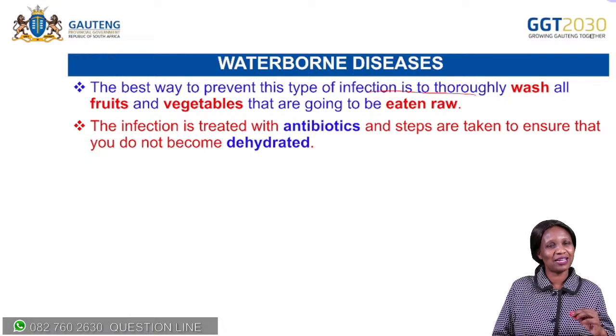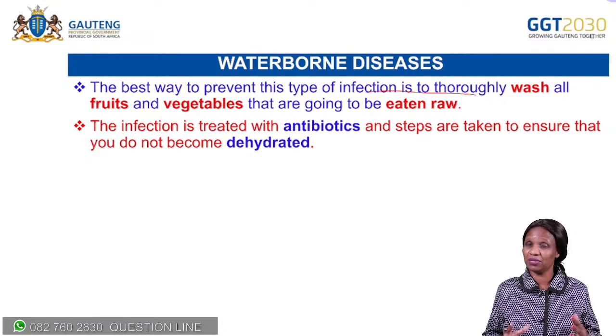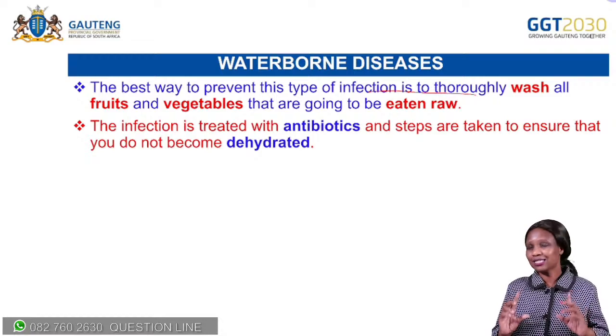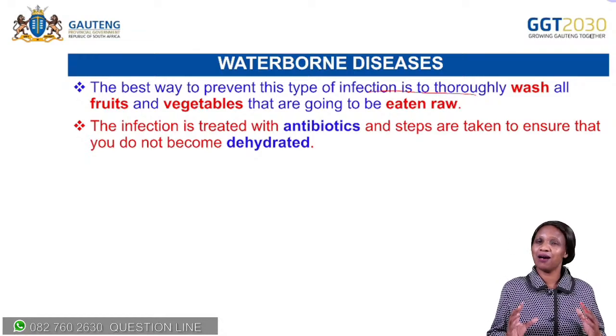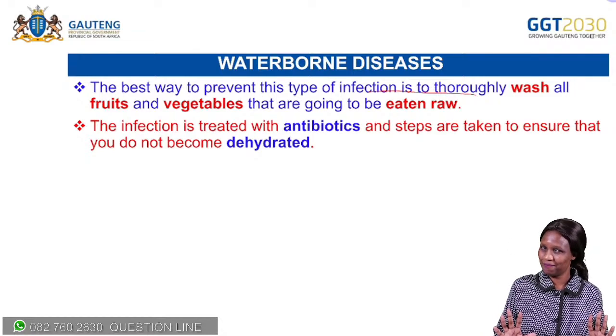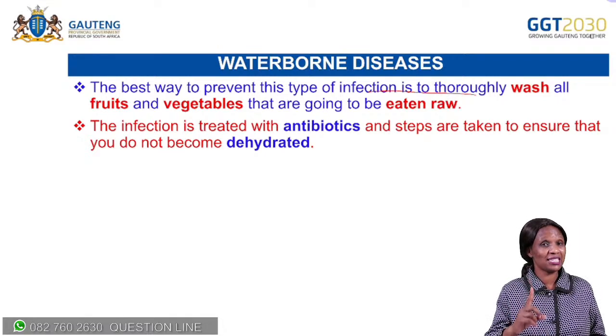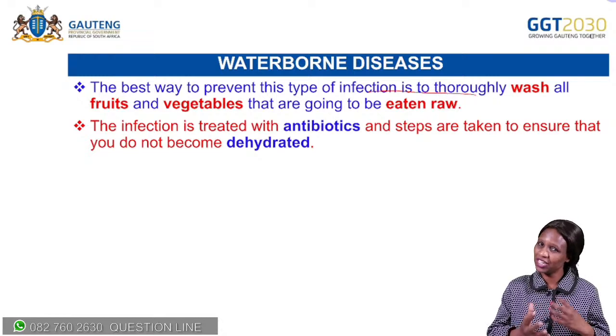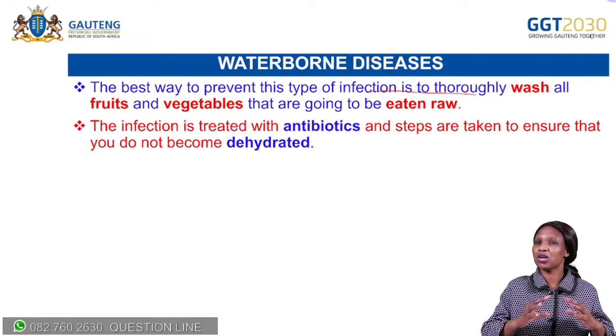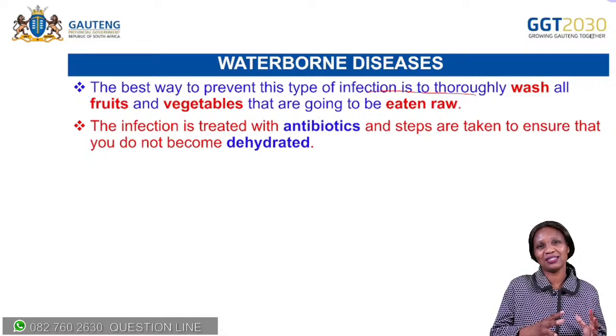It doesn't mean that all the microorganisms are useful. No. It doesn't mean that all the microorganisms are harmful. No. Okay. Therefore, when you are eating a fruit, when you are eating it raw, you have to wash it so that you remove the microorganisms.